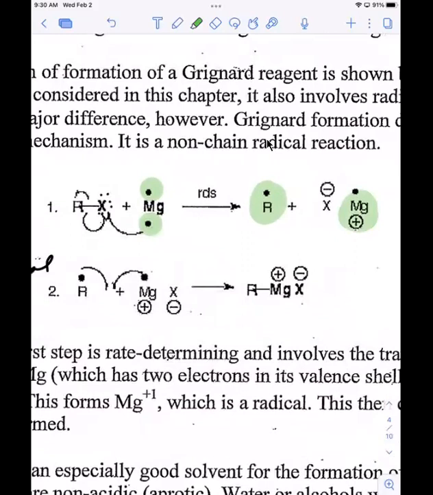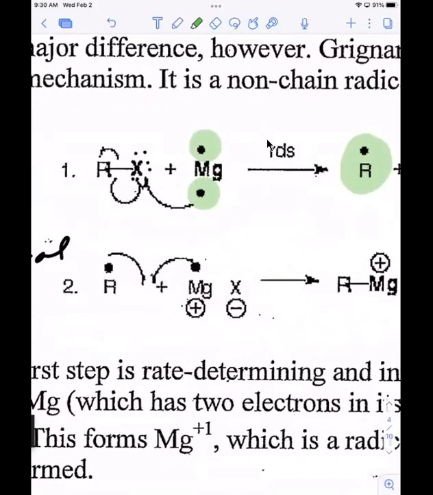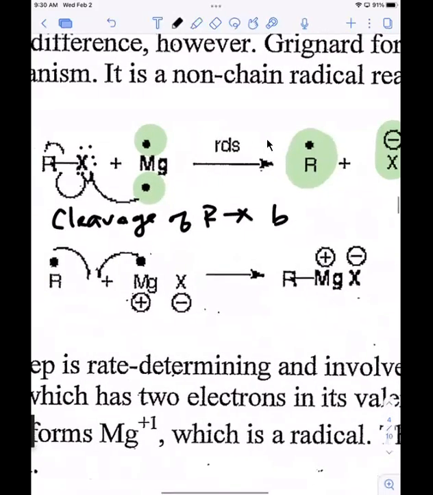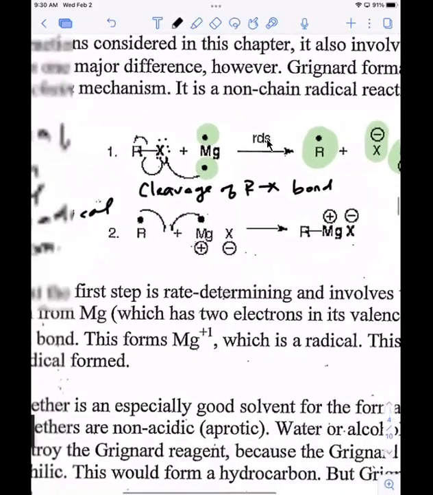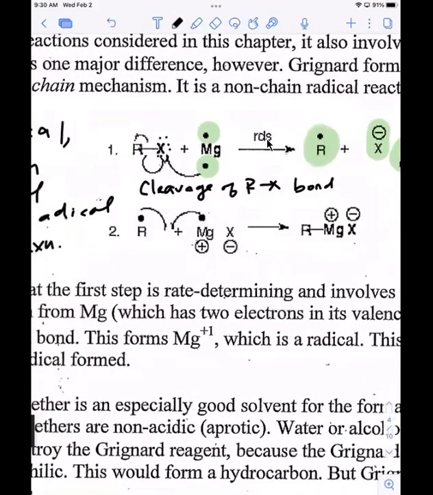The halogen is still kind of like a salt with magnesium. So the first step is cleavage of the R-X bond, and it's homolytic. Magnesium is kind of the initiator, because it gives 1 electron to the halogen to facilitate breaking that bond.